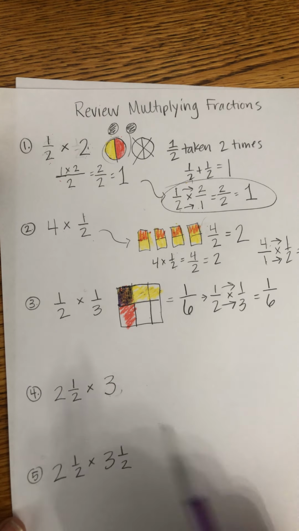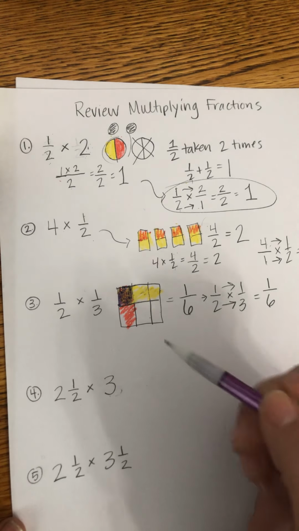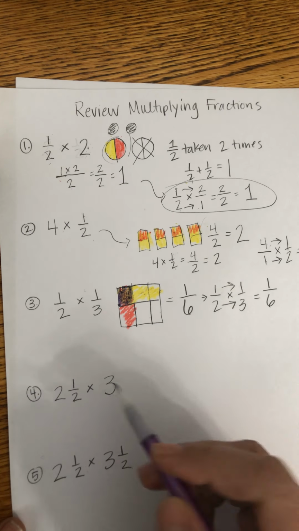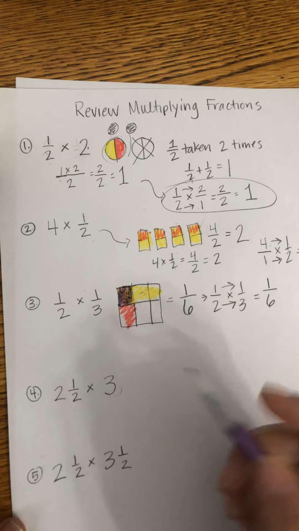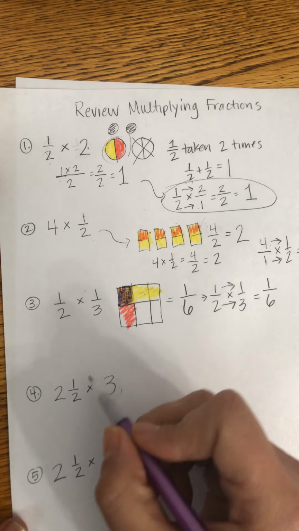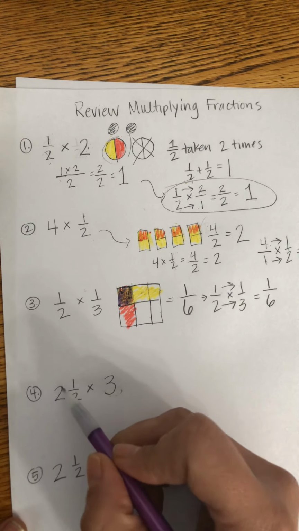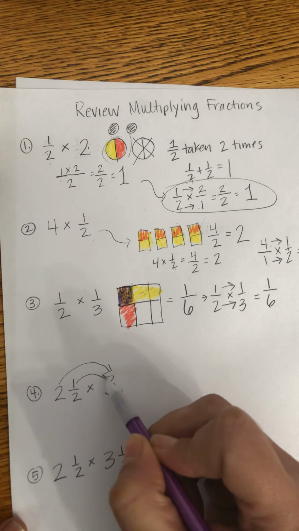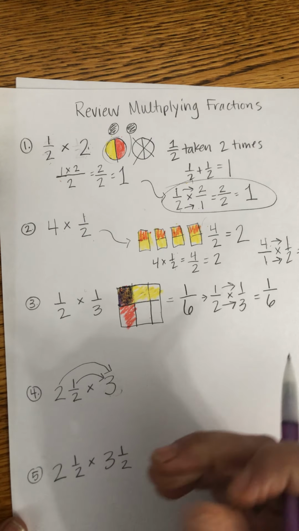All right, so a mixed number times a whole number. One easy way to do this is to just turn this mixed number into an improper fraction. But there is another way you can do it by doing partial product. If you do that way, you're gonna need to do the 2 times the 3 and then the 1/2 times the 3 and then combine them.